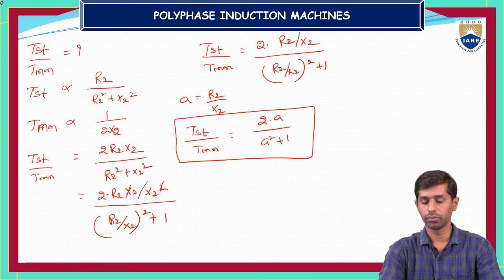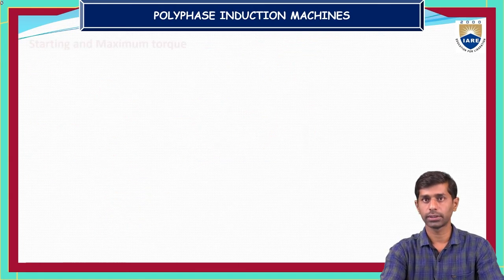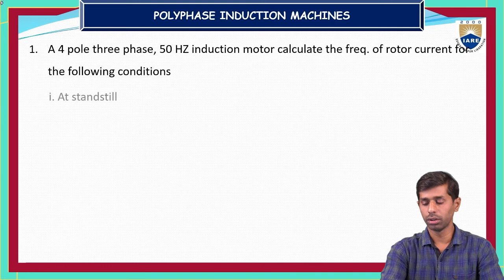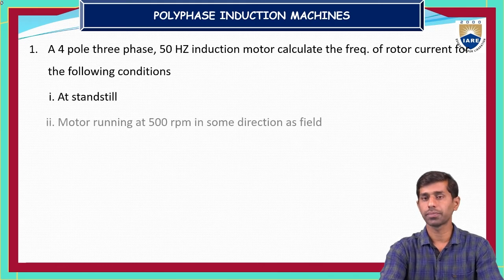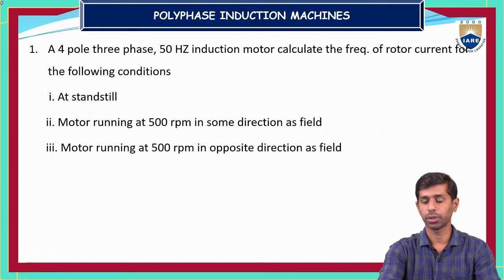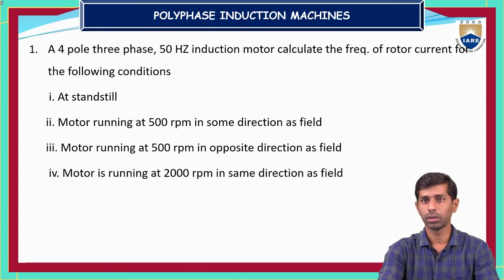So we'll discuss some numerical problems on torque derivations and how to calculate the slip as well as the speed. A 4-pole 3-phase 50 Hz induction motor.